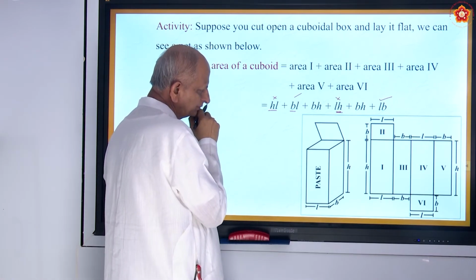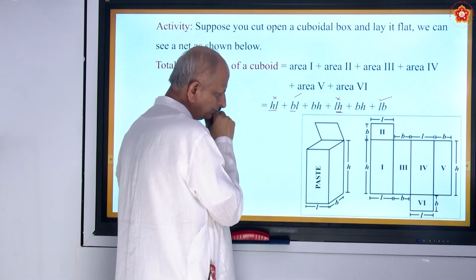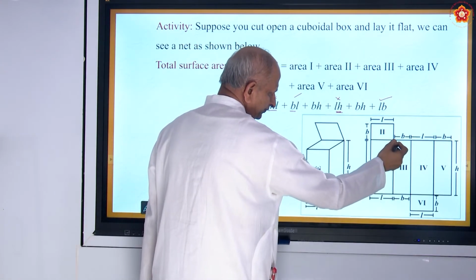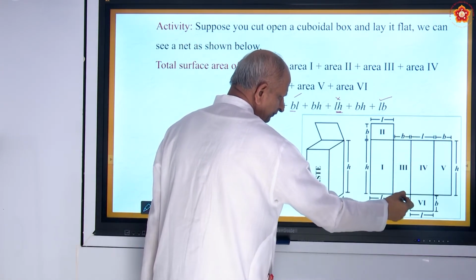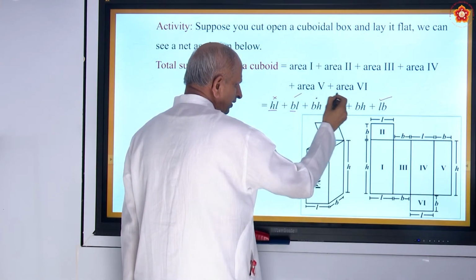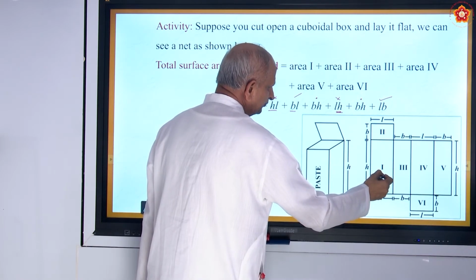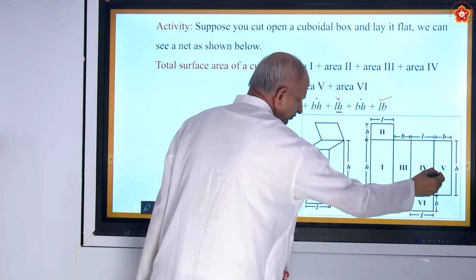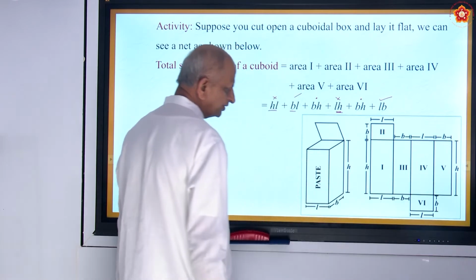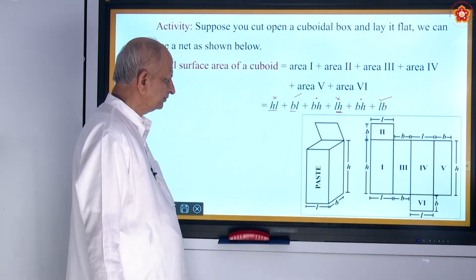Then comes area of third one. Third is this. That is B into H. So this is BH and this also BH. That is the fifth one. So third and fifth are same, BH. Okay. So totally how much does it come?